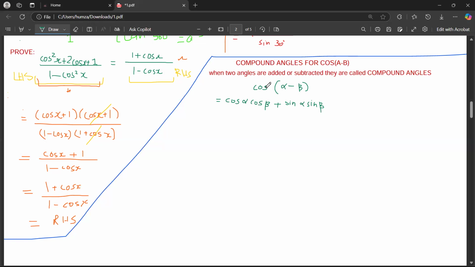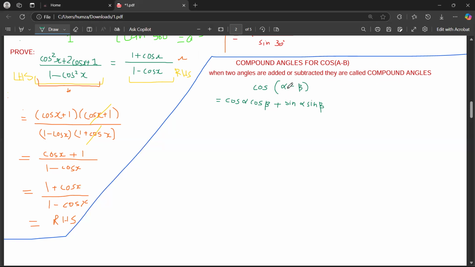So when we have cos of alpha minus beta, we can expand this as cos alpha cos beta and sine alpha sine beta. So there are these two alphas here and these two betas here.